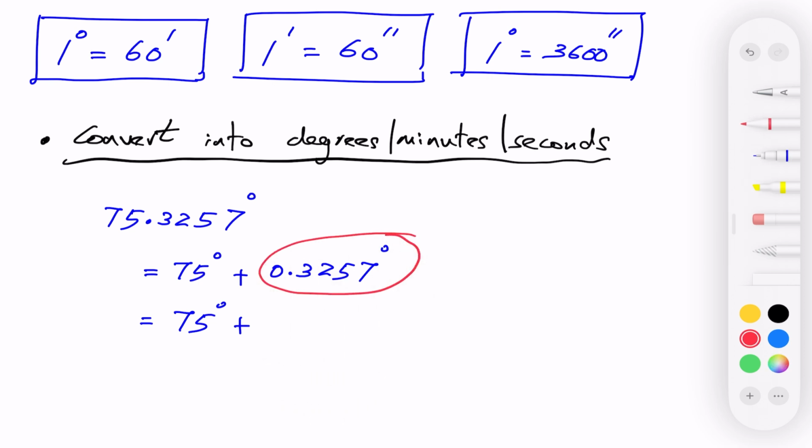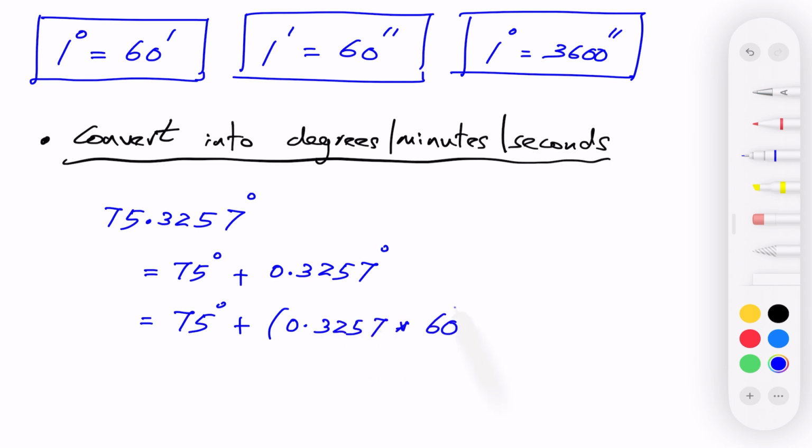Then I need to convert 0.3257 degrees into minutes. How would you do that? We need to multiply that by 60. Then we have 0.3257 times 60 minutes. Let's do some further simplifications.